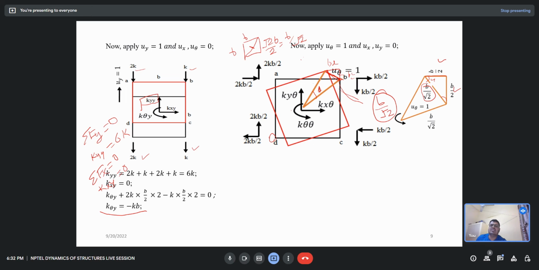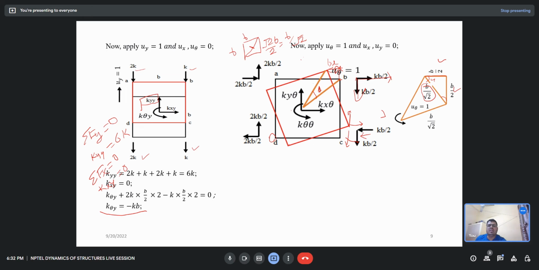So now in the x and y direction you can calculate in which direction the spring forces will act. Like this is moving in this direction, so the resisting opposite force would be this one. This is going upward, so that force would be downward. Same for this corner, it is going upward, so the force would be downward. This is going this way, so the force would be opposite to this.